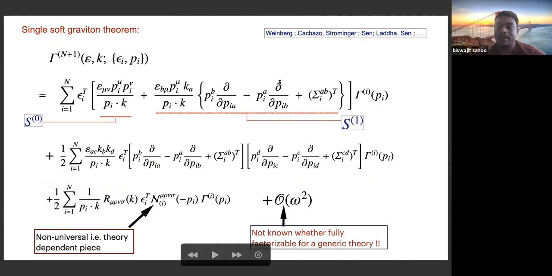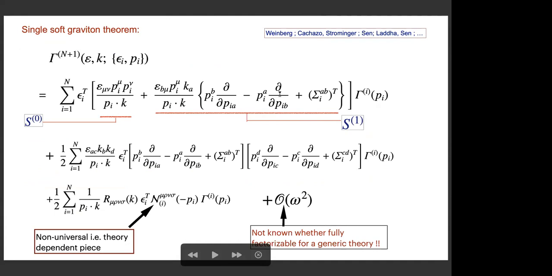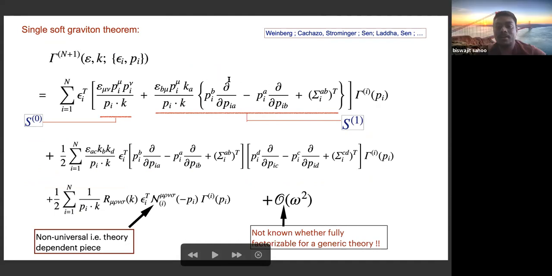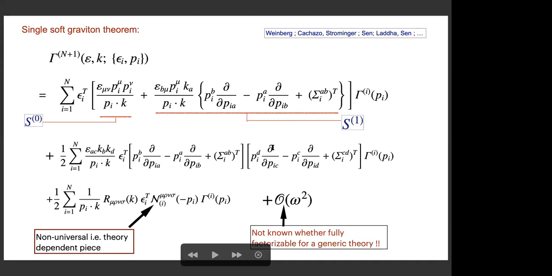So the first term you will get when it is connected to the external leg, but the second term of the angular momentum you will get when it is connected to the internal leg. So you have to insert this soft graviton in all possible ways in the diagrams, and then only you will find the full factorization.